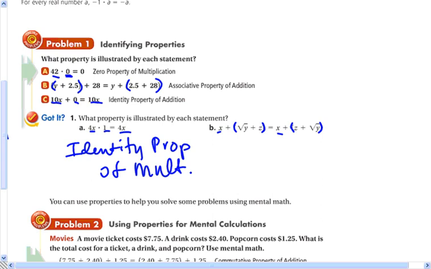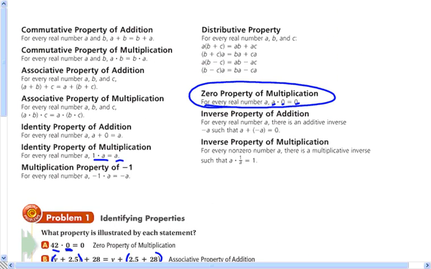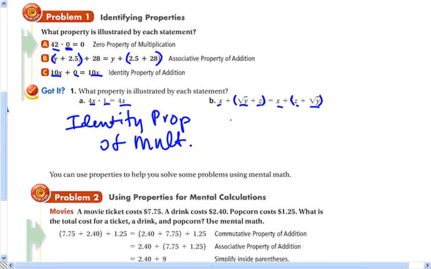So we're not changing the numbers that we're grouping. We're actually switching around the numbers inside the parentheses, and when you switch them around, that is a commutative property. And that's right here. So switch them around, you get the same thing. So we're going to say commutative property of addition.